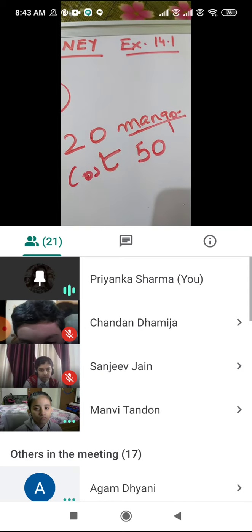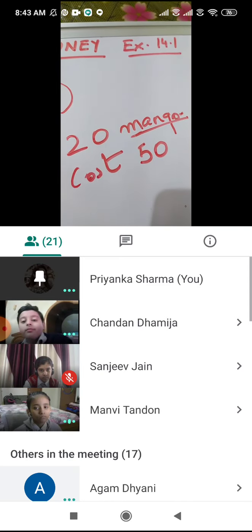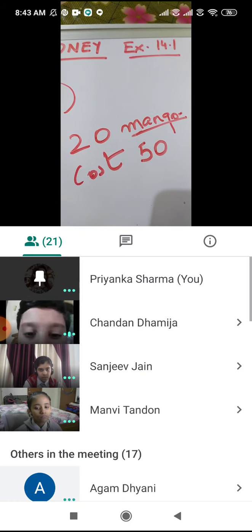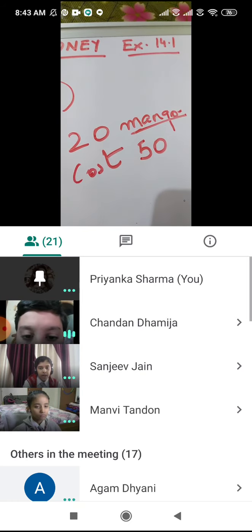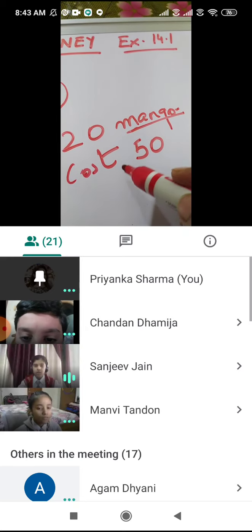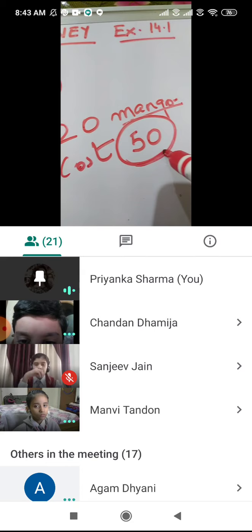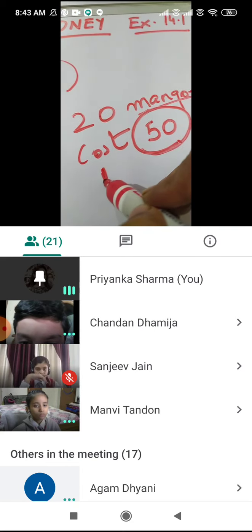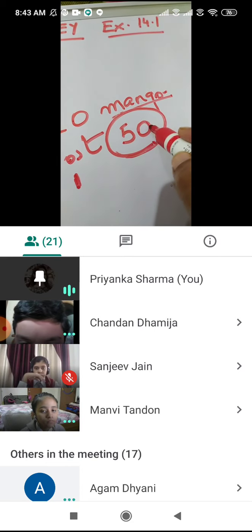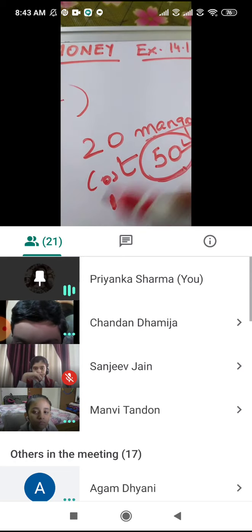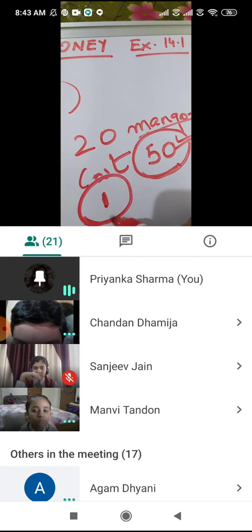What will be the cost of one mango? So we will divide this, and whatever answer we get, it will be the cost of one mango.